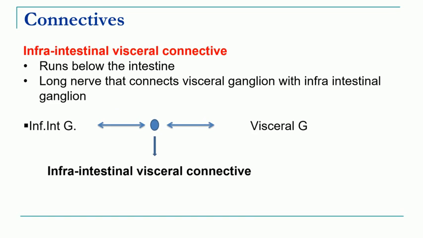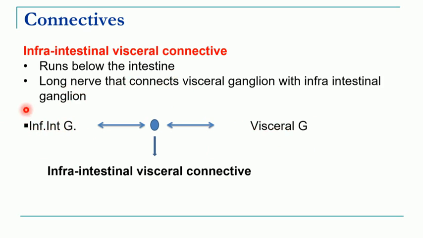Similarly, you have the connection between the infraintestinal ganglion and a visceral ganglion. Such a connection is called an infraintestinal visceral connective. Now this is present below the intestine and it is a long nerve that connects this visceral ganglion with the infraintestinal ganglion.